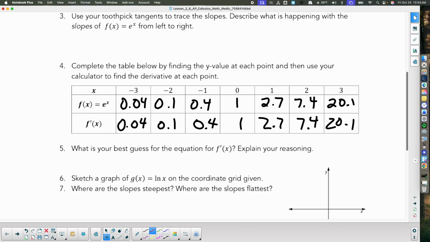If I notice that pattern, what is going to be the derivative of e to the x? e to the x. Correct? It's your favorite derivative of all. It's the weirdest one because every single slope at every x value is the exact same as the height of the point.